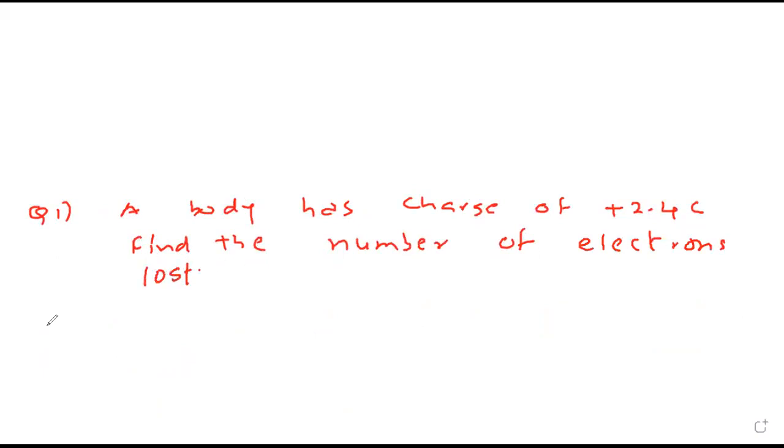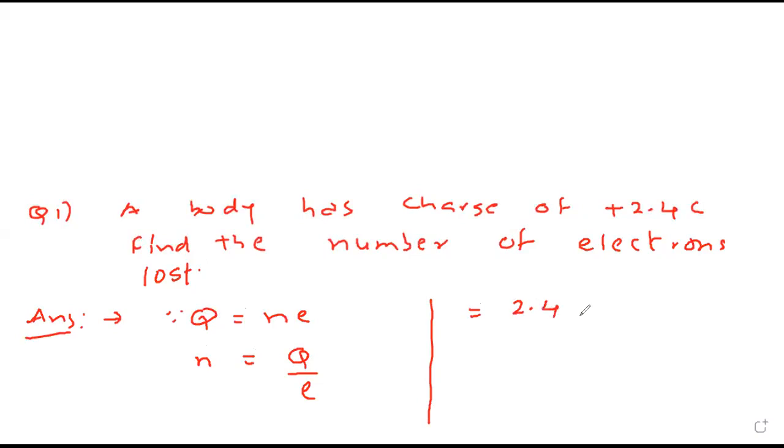The SI unit of charge is coulomb. So if it is 2.4 coulomb, how many electrons are lost? Q is Ne, so N is Q by E. Q is 2.4. The electron charge we have to remember: 1.6 into 10 raised to minus 19. 8 threes are 24, 8 twos are 16.